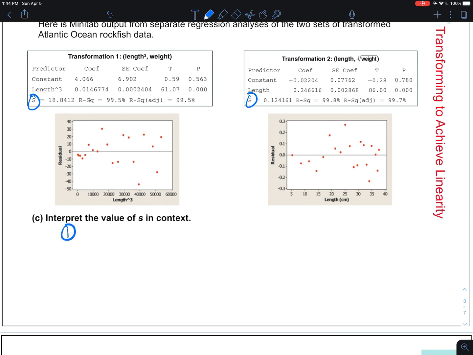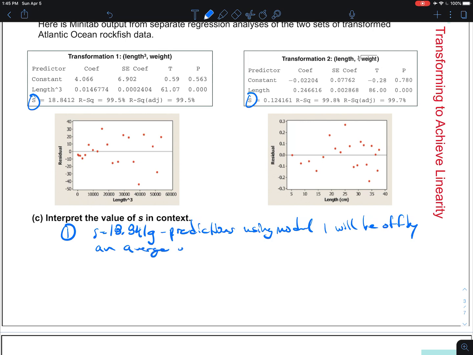So for transformation 1, the standard deviation of the residuals, S equals 18.841 grams, means that predictions using model 1 will be off by an average of just shy of 19 grams.